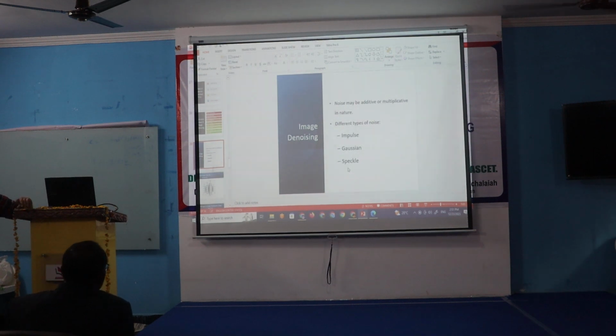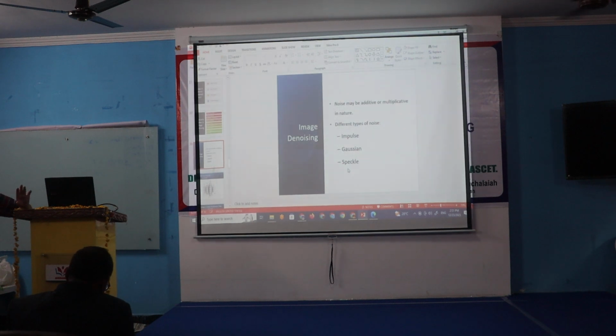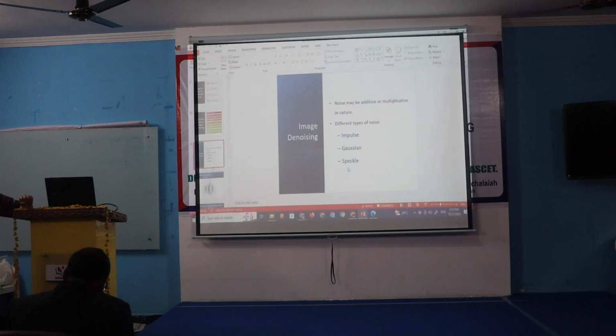But right now I am trying, almost at the 50% level, a single deep learning model which will identify the type of noise present in the image and try to remove it.